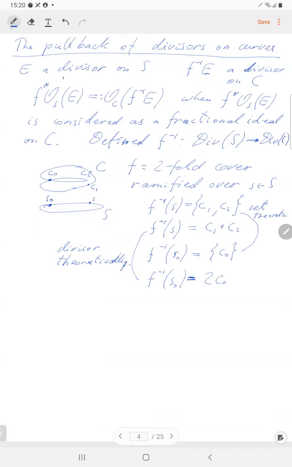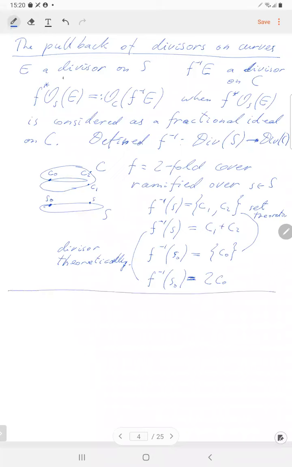It's more or less the sum of all points in the pre-image, but with multiplicities, and the multiplicities are assigned according to ramification. I will explain the exact meaning of these words later on, but so far, I hope it's approximately clear.